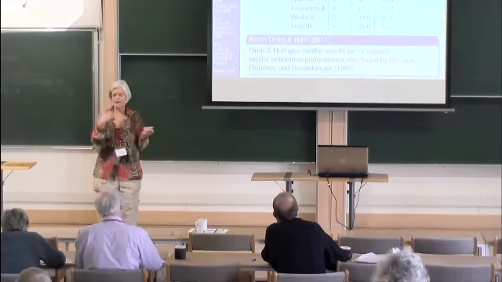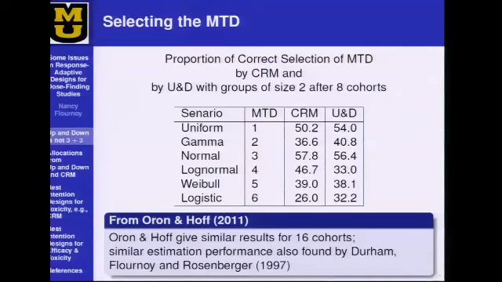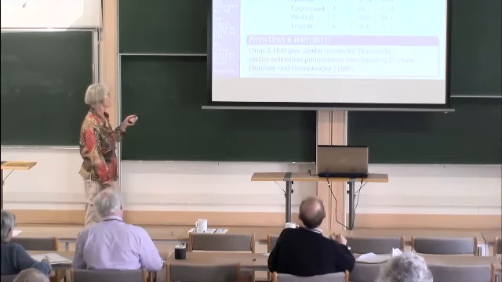Just to put an end picture first, to put in some context, this is one set of information abstracted from some recent work by Oron and Hoff that compares the proportion of correct selection of the MTD by the CRM and a group up and down that has a cohort of size 2. I'll explain more about what that is in a minute.